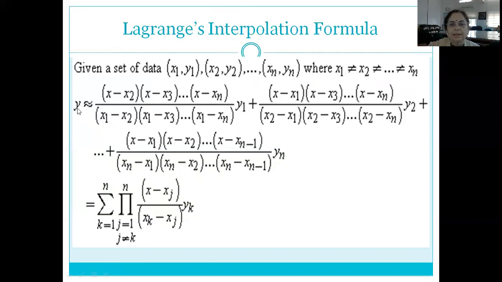Now the same y function, y of x, which we are trying to calculate, is written in the form of x, the unknown data point, x minus the first data point x1 is not considered. So x minus x2, x minus x3, x minus xn divided by x1 minus x2, x1 minus x3, getting multiplied by y1. So this becomes our first factor which should be added with a similar second factor.